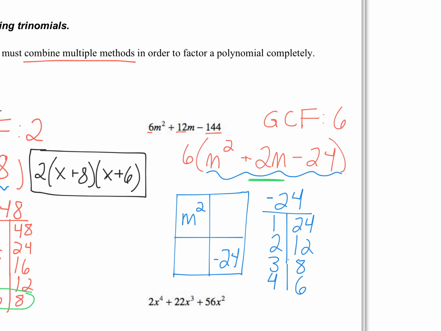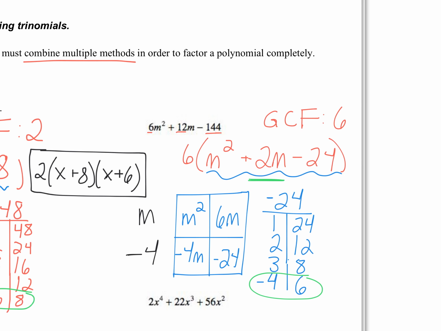So we need one of these to be positive, one to be negative, because it multiplies to negative 24. Well, if I make this negative 4 and 6 positive, adding these two would give me that 2 that I want. So we're going to say that 6m and negative 4m. I'm going to go ahead and factor the GCF out of my rows. So that's m. They share a negative 4.